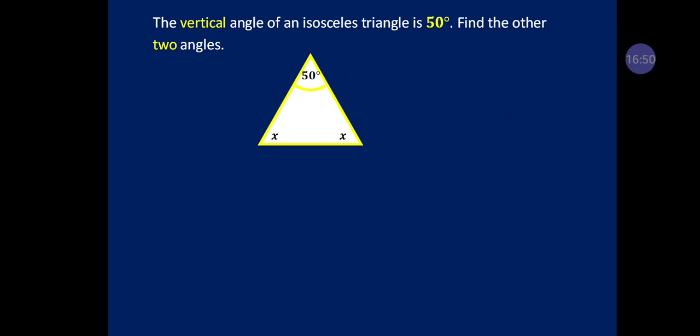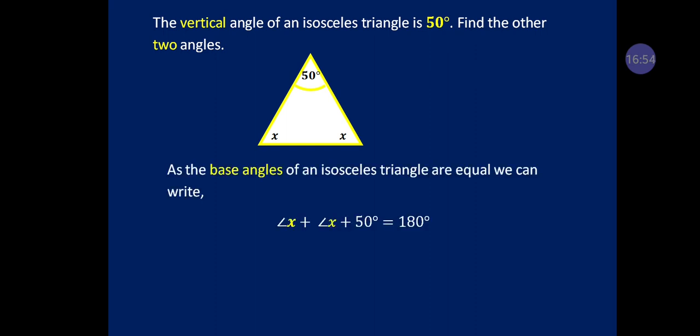So let us solve this one. X plus X plus 50 degrees is 180 degrees. So if you calculate it, X is equal to 130 over 2, which is 65 degrees. Let me know in the comment section if you do not understand this, okay?